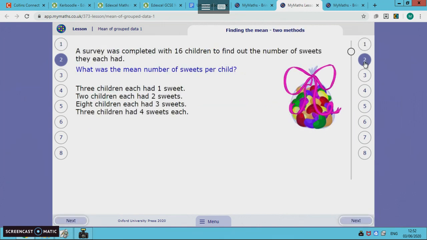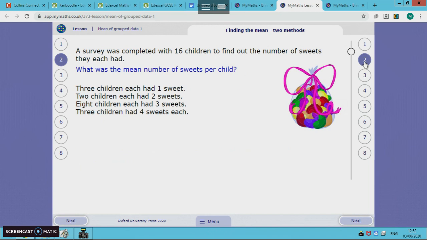Let's do a little bit of revision on mean from a frequency table. This doesn't look like a frequency table, but some of you might be able to see the link between how you can make it into a frequency table. So 3 children had 1 sweet, 2 children had 2 sweets, 8 children had 3 sweets, and 3 children have 4 sweets each.